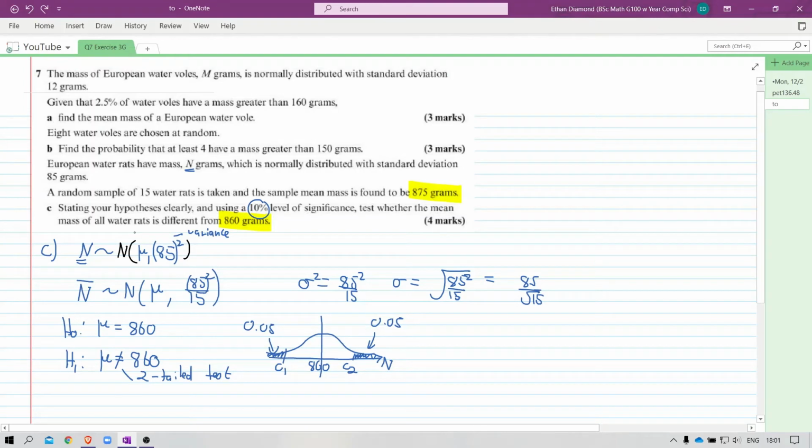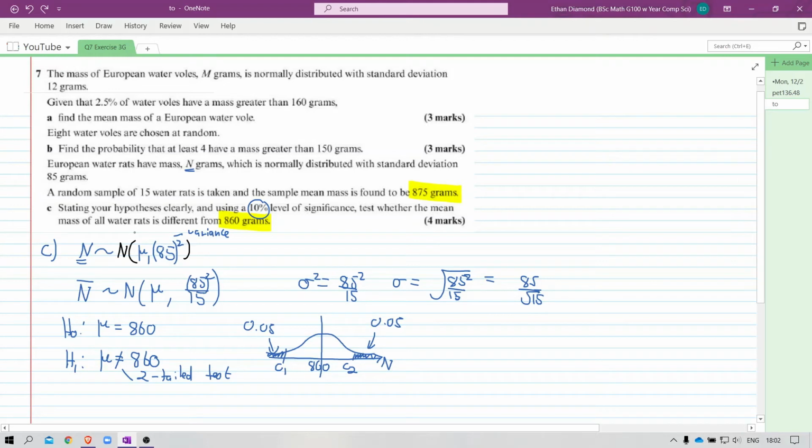You have to remember, if you're doing an experiment and someone comes along and says, all right, you're wrong, you can't just say, okay, I'm wrong, right? You have to be statistically significant that you are wrong, and the level of statistical significance is the level of significance, in this case 10%. So if the probability which we get is bigger than 5% because it's a two-tailed test, then we don't care. Bigger than 5%, it's not significant. If it's less than or equal to 5%, we do care.